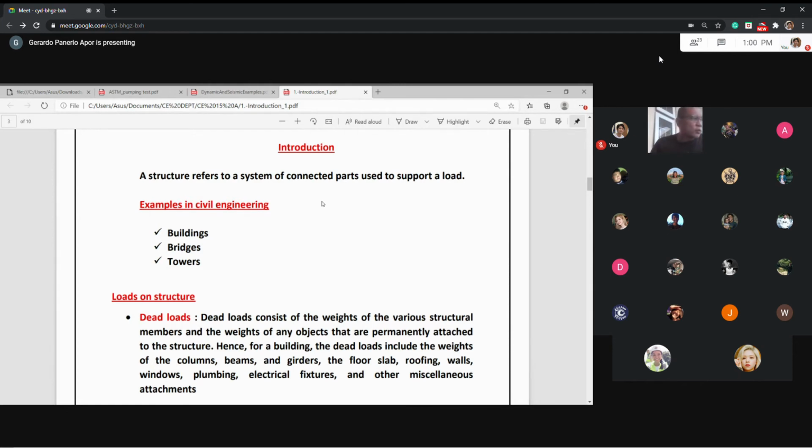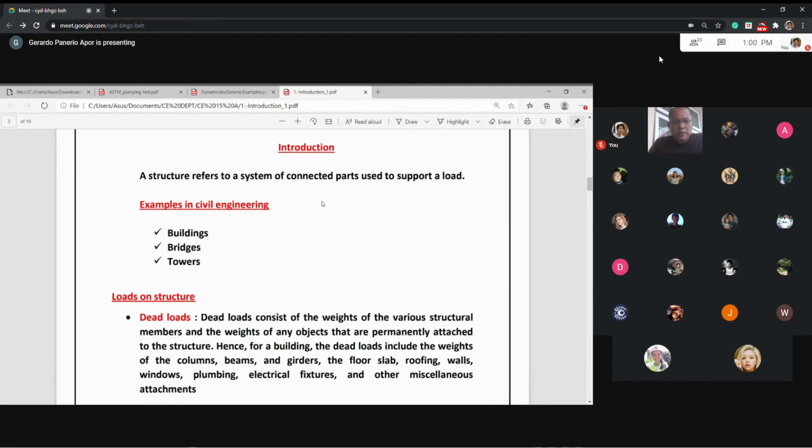You also have what we call the wind load. Wind loads are live loads because they are not permanent. Also earthquake. Earthquake load is not permanent. In some areas, buildings are subjected to blast, such as explosion.